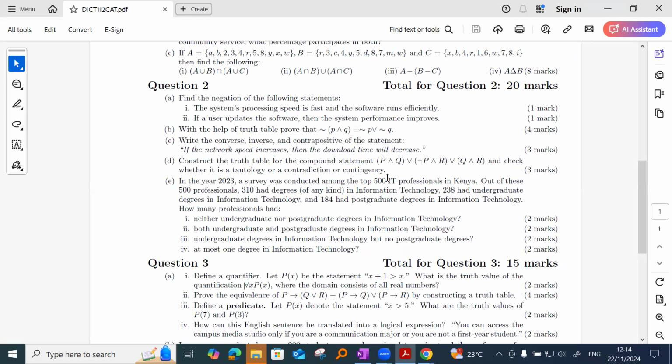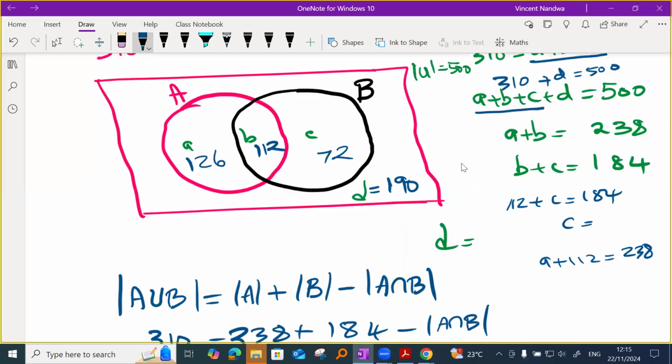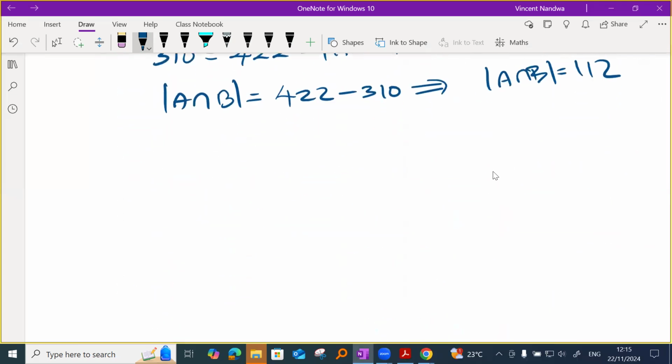Those who don't have any, from this Venn diagram, should be in which space? Outside those two circles. So the answer for that part will be 190, correct. So Roman 1, 190 is the correct answer.